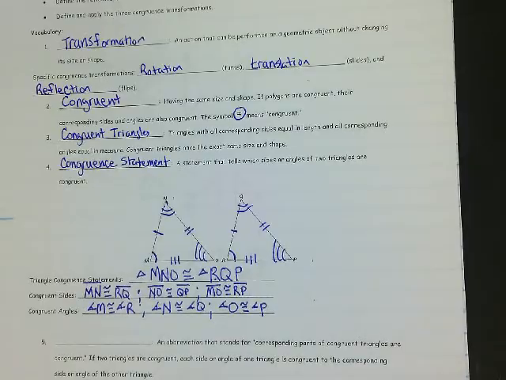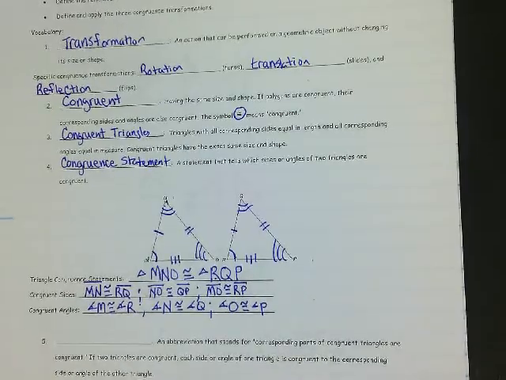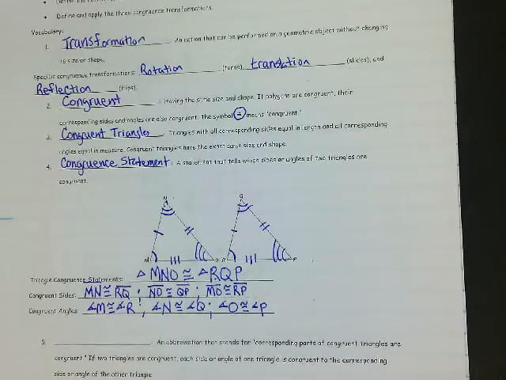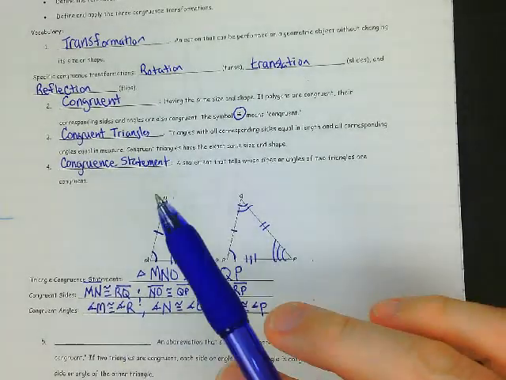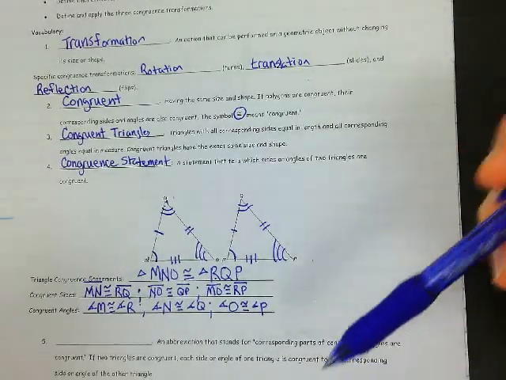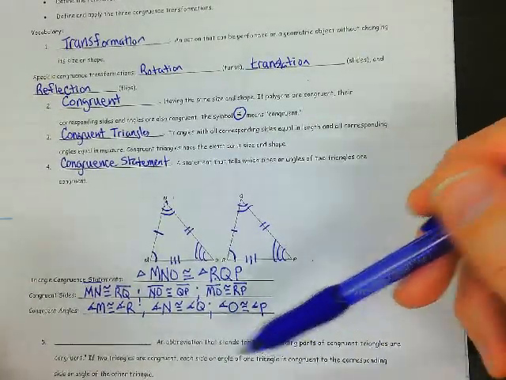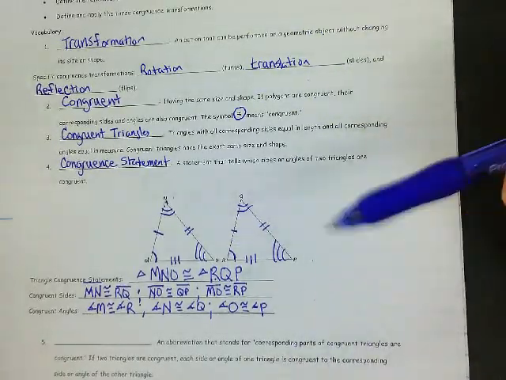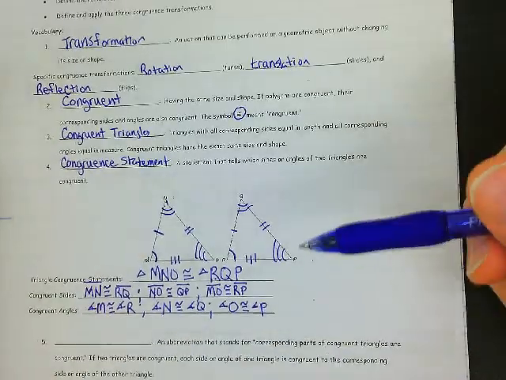Alright. So, if two triangles are congruent, then the corresponding parts of the congruent triangles are congruent as well. Sometimes we might have to say that: corresponding parts of congruent triangles are congruent. Well, that's a mouthful to say, isn't it? We don't want to keep having to say corresponding parts of congruent triangles are congruent.